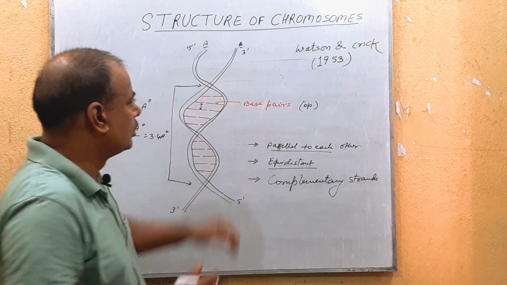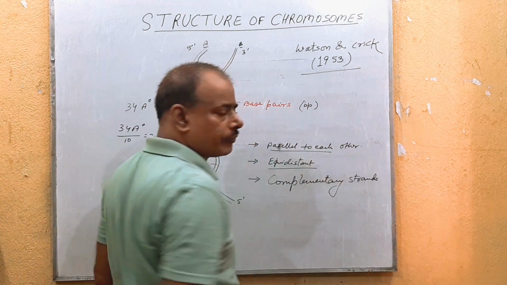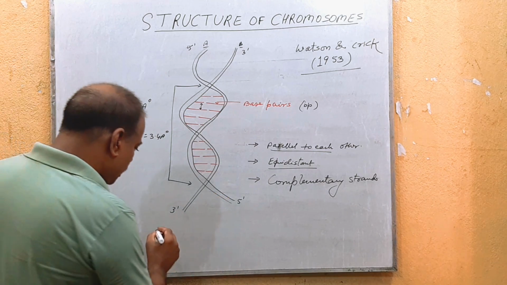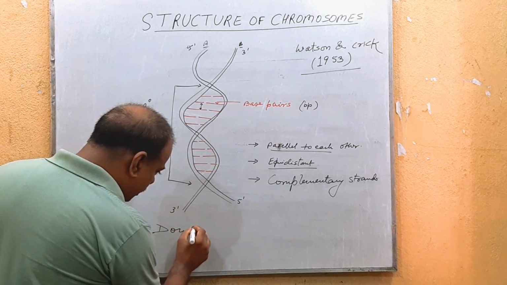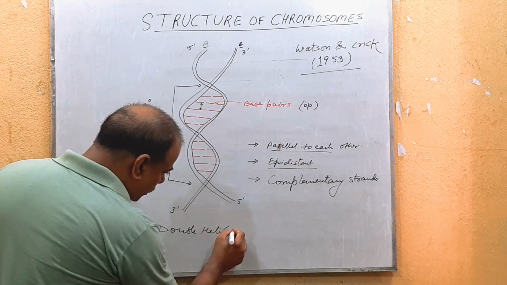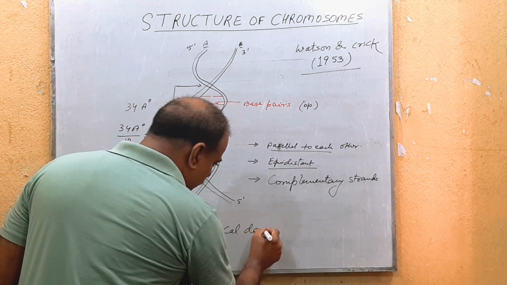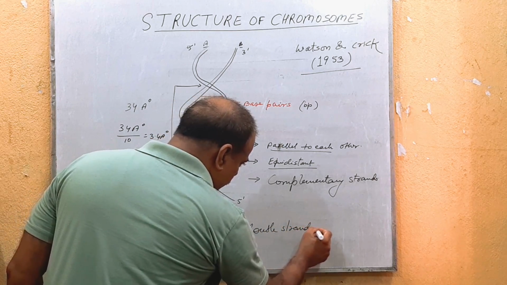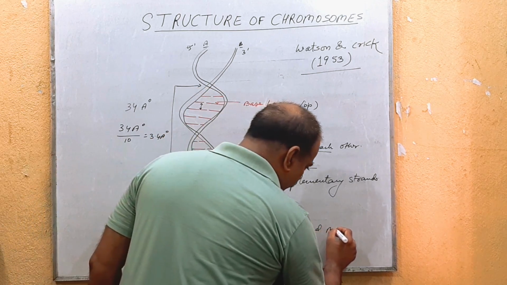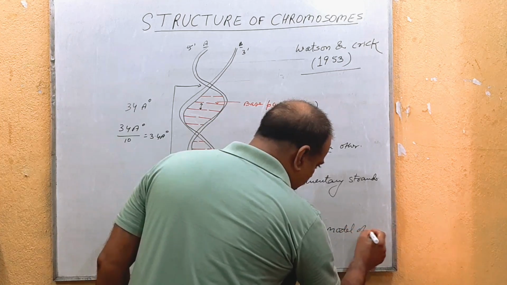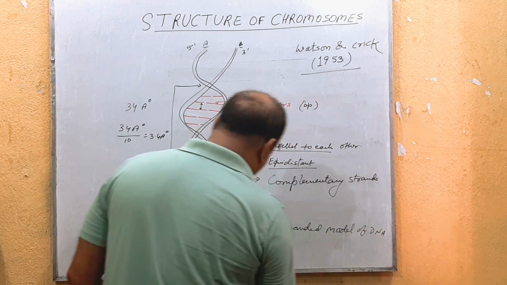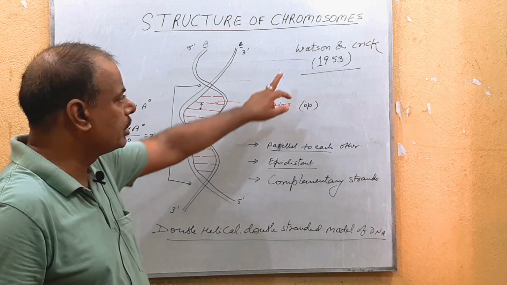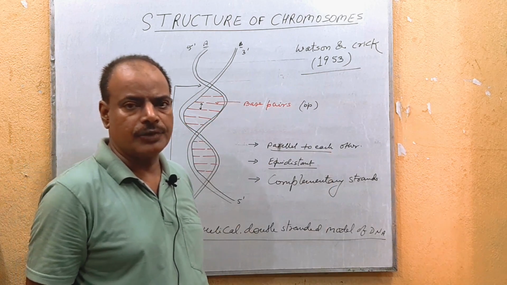This model is known as the double-stranded, double helical model of DNA, which was proposed by two scientists, Watson and Crick, in 1953.